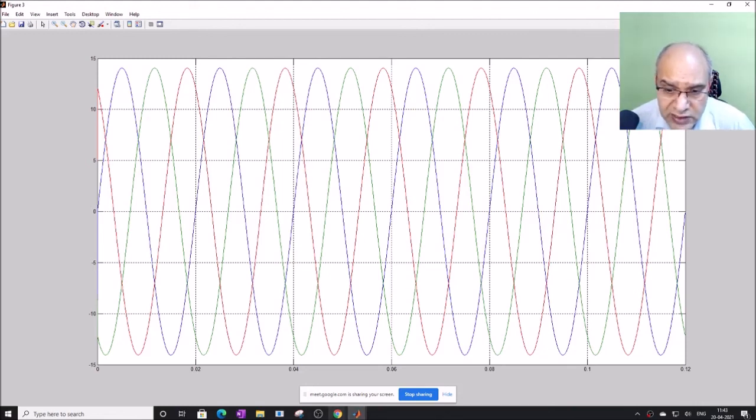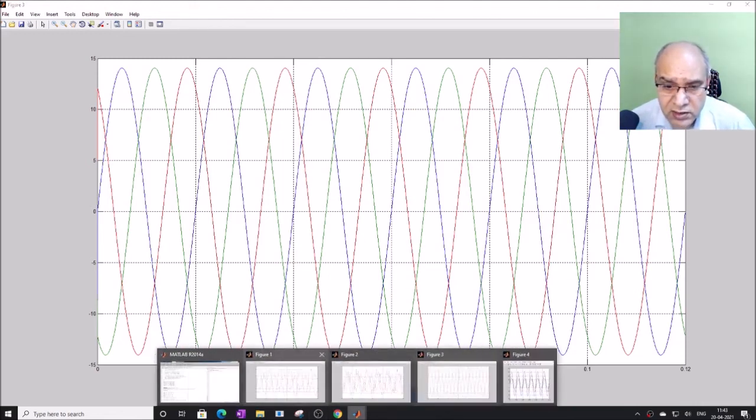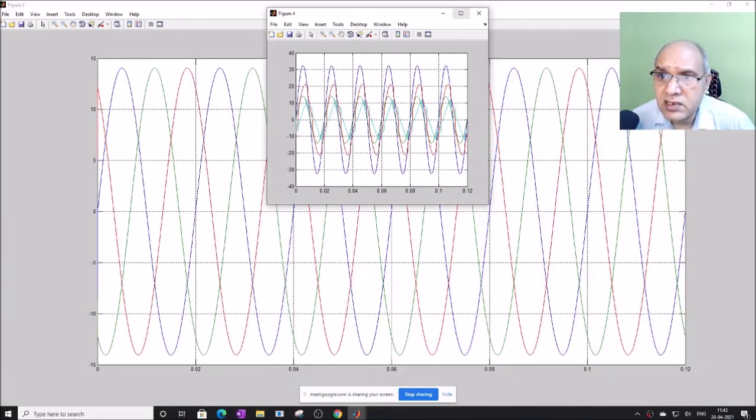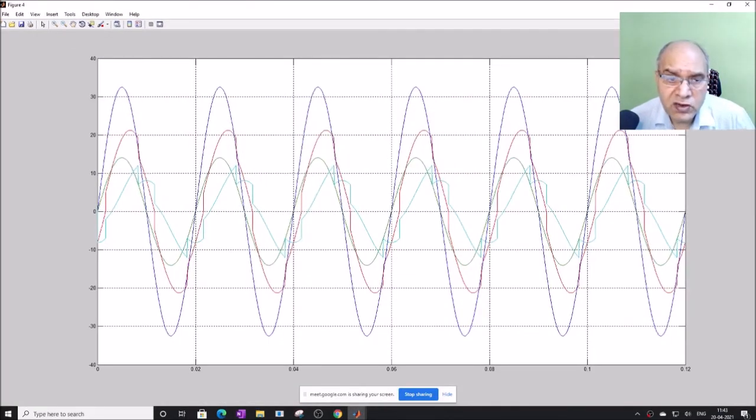If you want to see all currents on the same scale, then you can see it here. I have plotted 4 variables. One is basically the voltage VSA, scaled by some factor. This one, the largest peak of blue color, is VSA. Then this green color is ISA, so you can see this is in phase with the voltage.